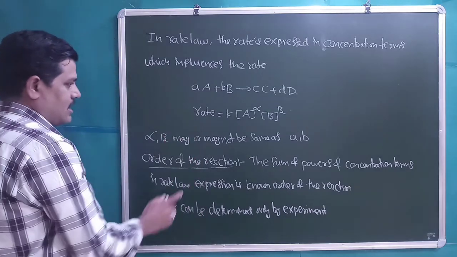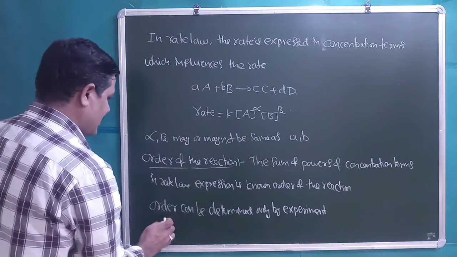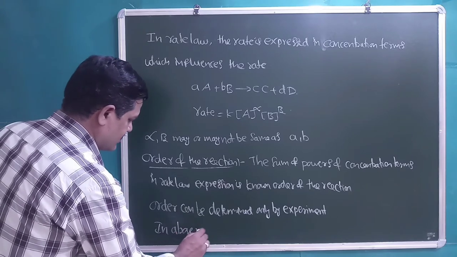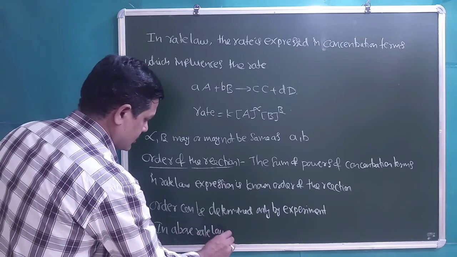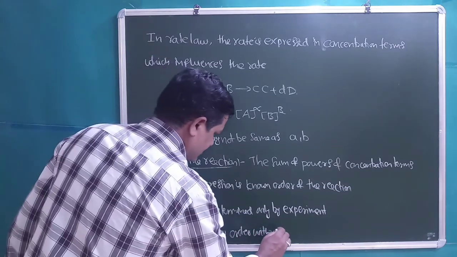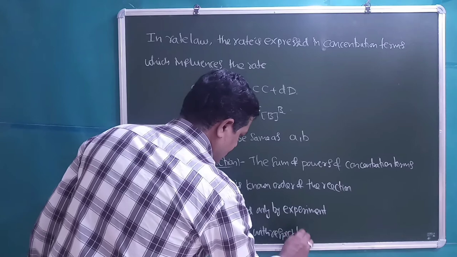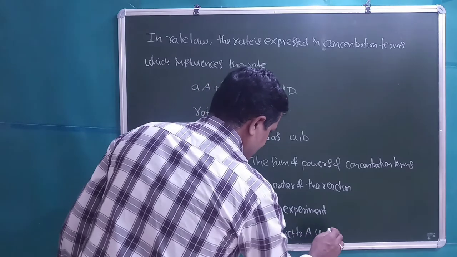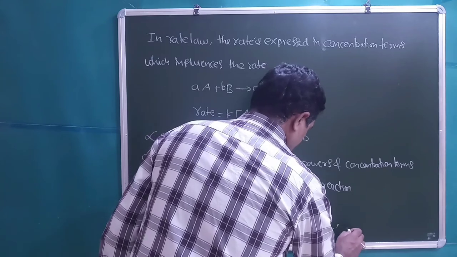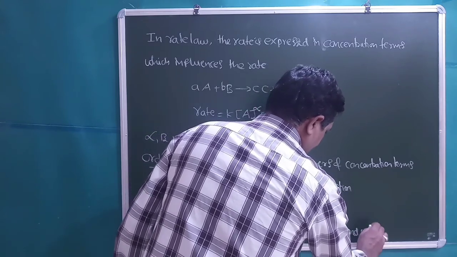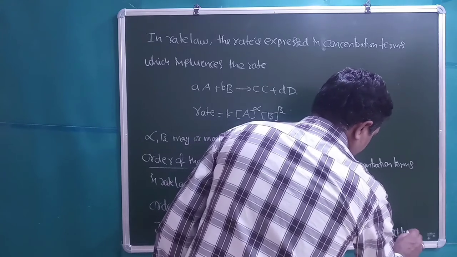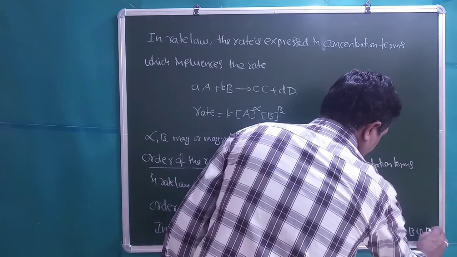So in this rate law expression, friends, in the above rate law, order with respect to A is alpha, and with respect to B is beta.